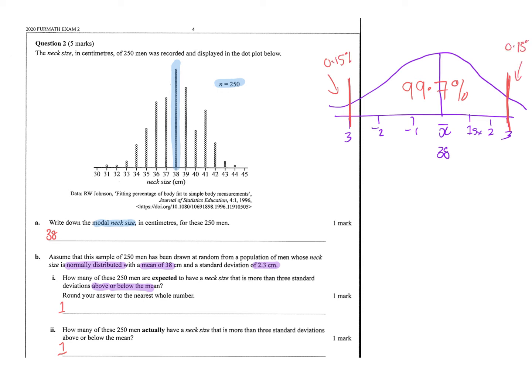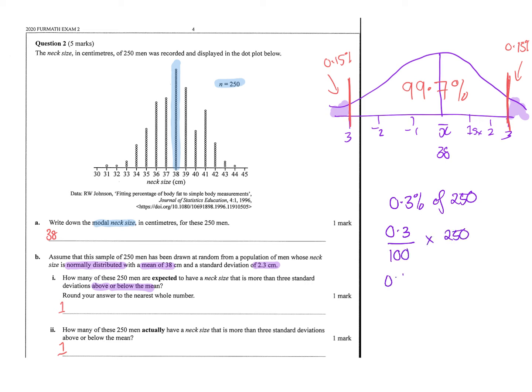So they go, how much of them are just above. If I add those two tails together, I have 0.3% are plus or minus 3 standard deviations. So I want 0.3% of the 250. Make sure 0.3% is actually 0.3 over 100 times 250.